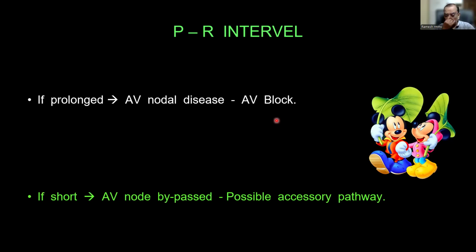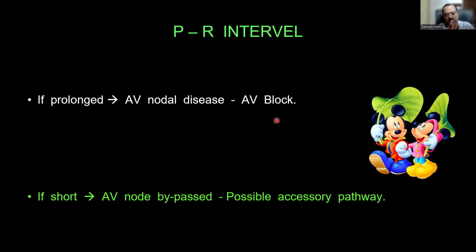Sometimes it is very short, one small square only, with the P wave immediately followed by the QRS. Then what does it mean? The impulse is not going through the AV node at all. It is going to the ventricle through some other pathway. If the impulse goes through the AV node, it has to have a delay. The AV node will produce a delay.